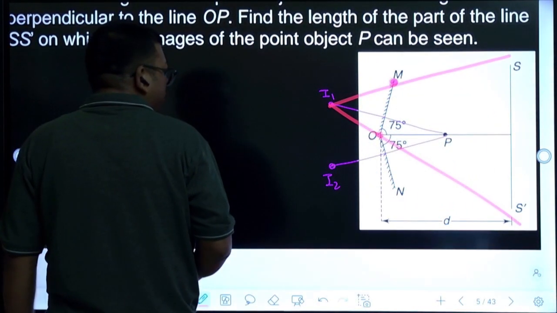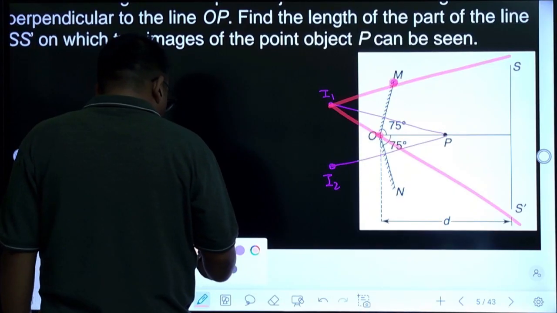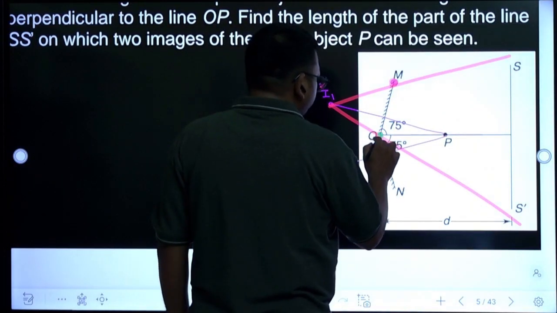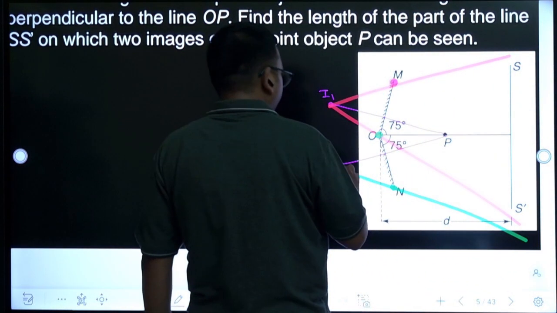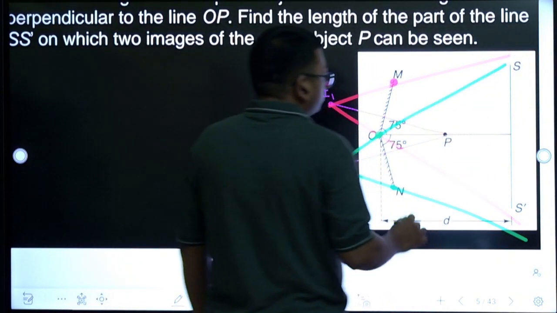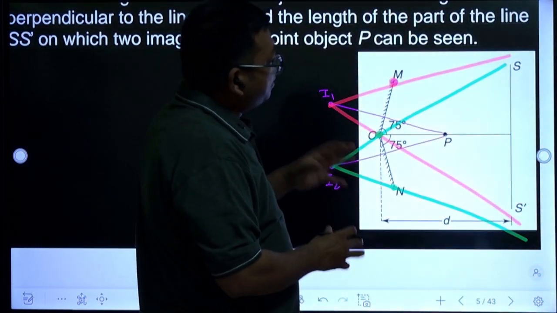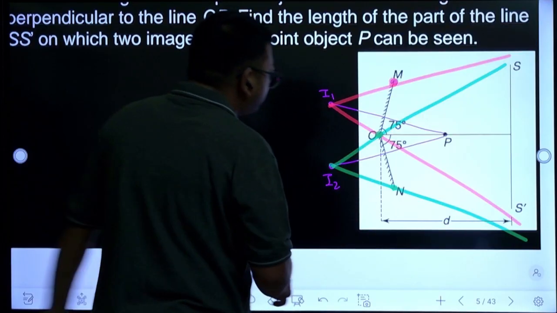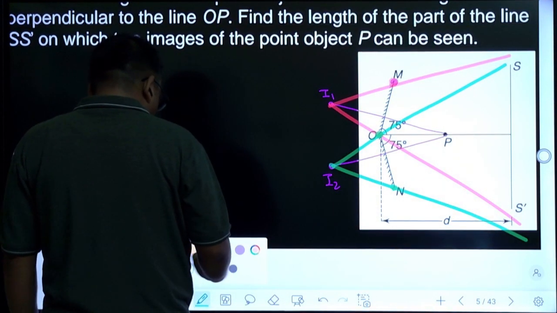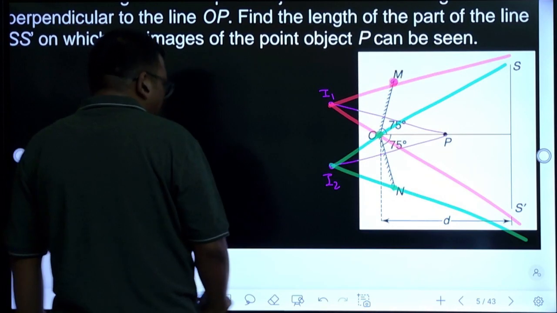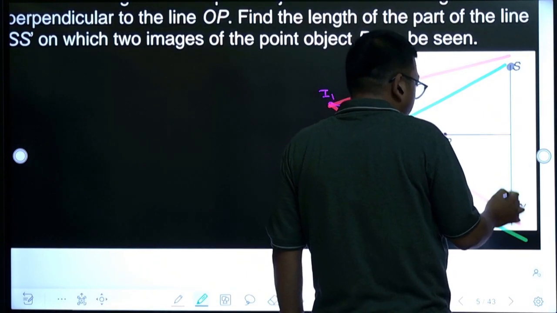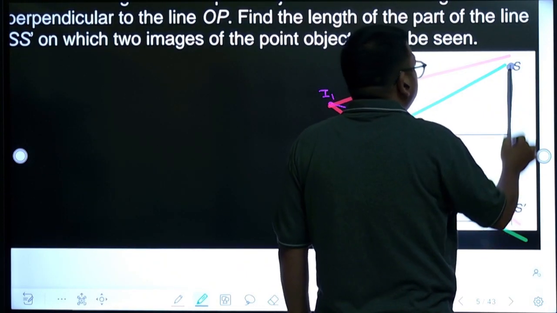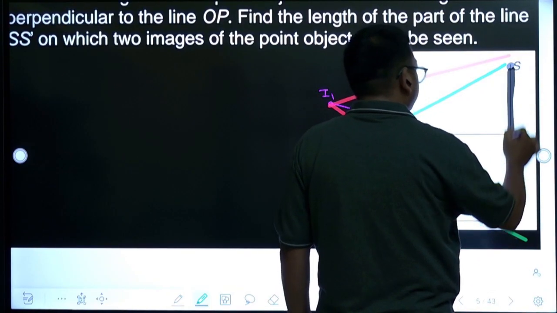Similarly, you need to connect this end of the mirror and this end of the mirror with this line. So wherever overlapping happens, that common region we need to see. And I think the common overlapping that is happening is the smaller side this side and smaller side this. So this is the smaller length. That length only we need to calculate.